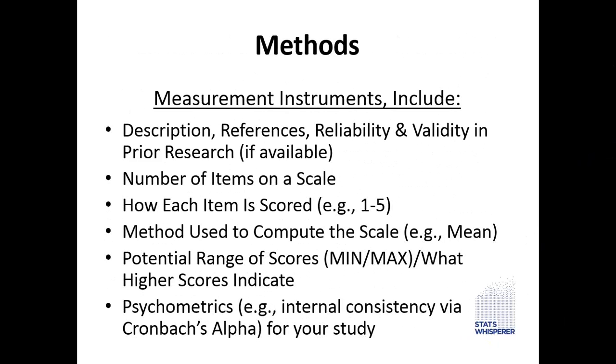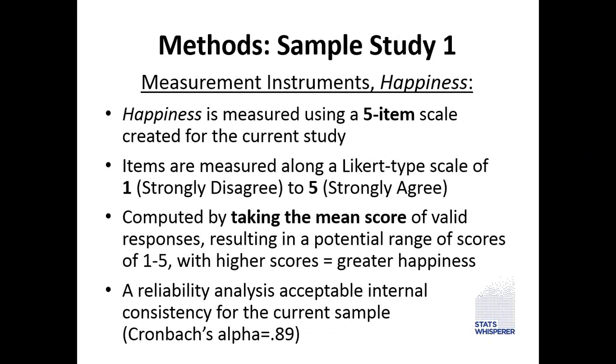Now, if we apply this to our sample study 1, this is what it looks like. First we see happiness is measured using a 5-item scale created for the study. So we know how many items are on the scale, and it makes a big difference.